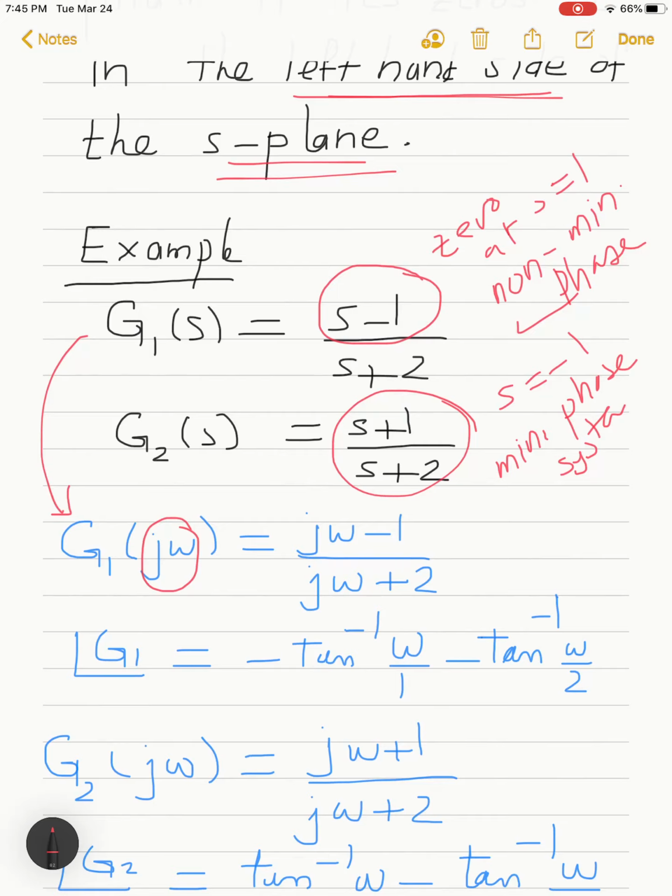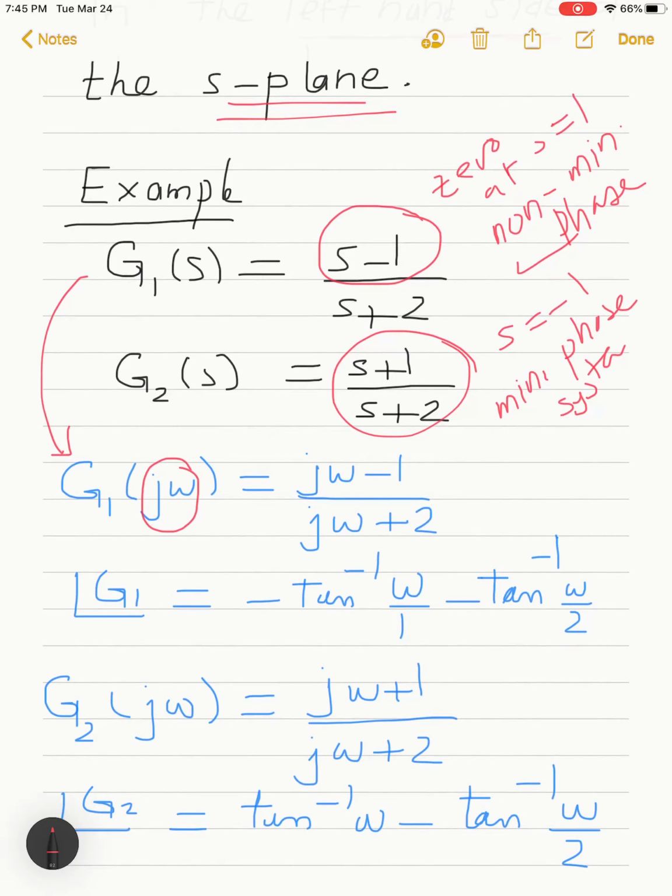If you calculate the angle of that transfer function, it would be the angle of the numerator minus the angle of the denominator, and you will notice here that you will have similar sign for the two angles, which means that the absolute value of the resulting angle would be greater than the absolute value of any of the two angles of the numerator and denominator. So that means that the absolute value of the angle increases compared to the angle of the zero and the angle of the pole. This is for the non-minimum phase system.